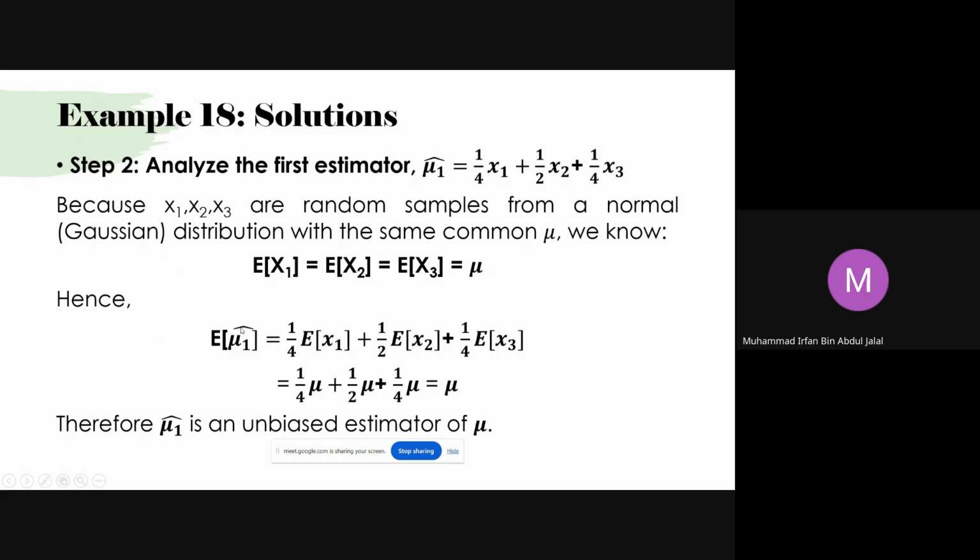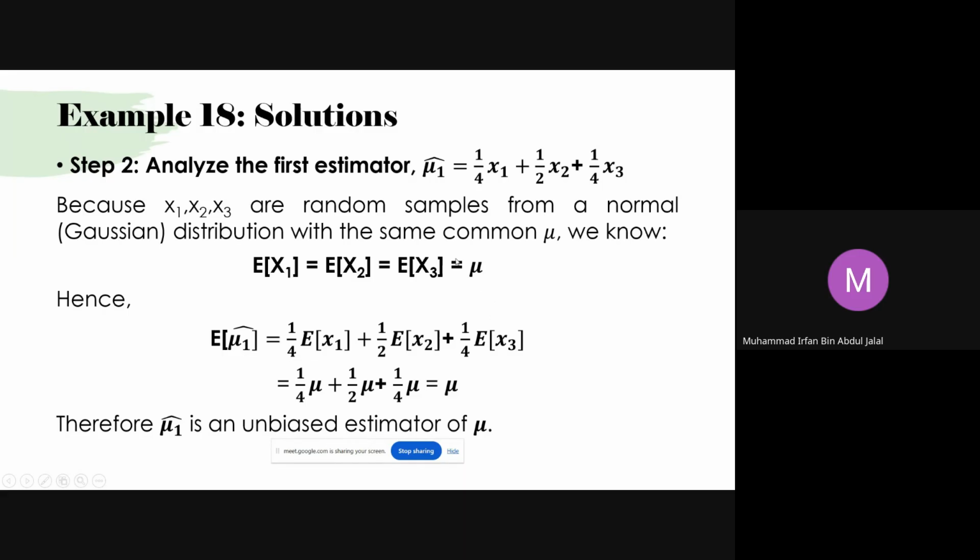Hence, we take the expectation of mu hat 1 like this. This is based on the linear properties of expectations, so it will be 1/4 times the expectation of x1 plus half times the expectation of x2 plus 1/4 times the expectation of x3.